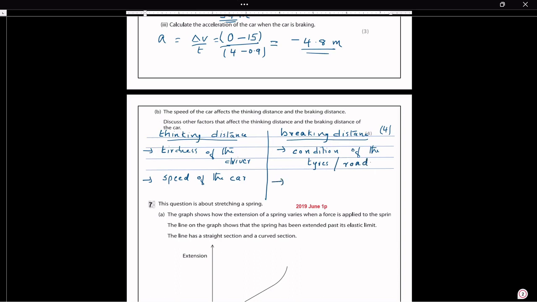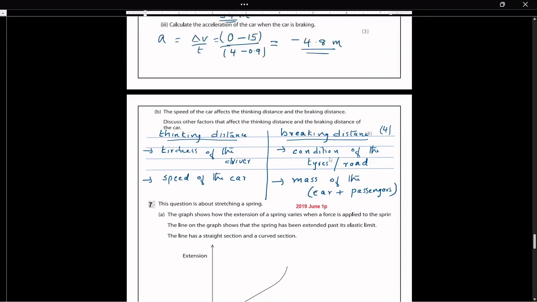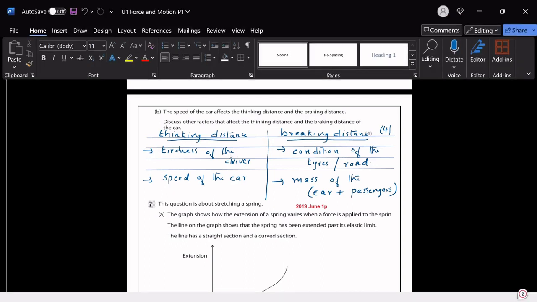Then another one, we can say the mass and weight of the car, mass of the car plus passengers, total mass of the car. This is another factor controlling the braking distance. And in fact, the braking distance depends on the speed of the car also. There is a third one. So speed of the car is coming as a common factor for thinking and braking.